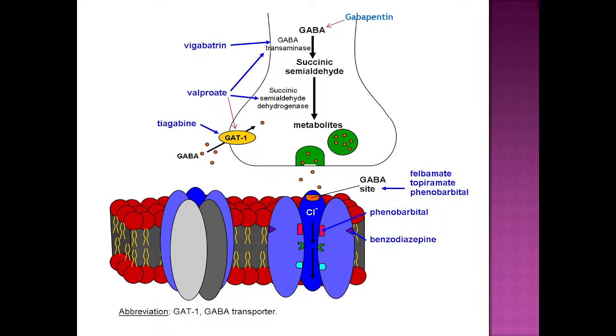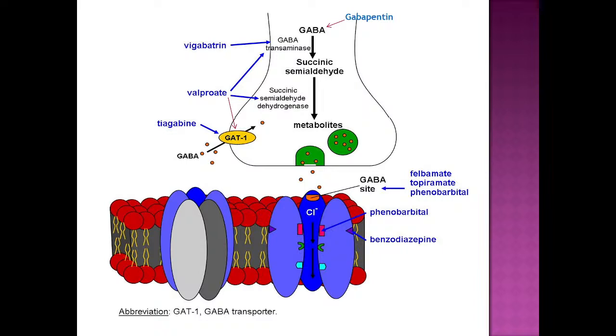What is the name of the receptor? GABA, benzodiazepine, chloride channel receptor complex. It has a binding site for benzodiazepine, its partial agonist, which is beta carboline, and its antagonist, flumazenil. So it has binding sites for all of them.